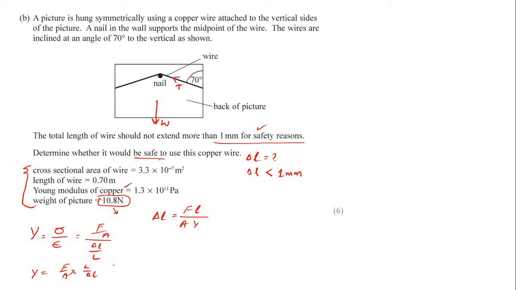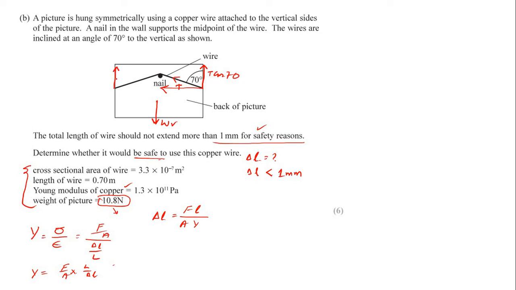But we have an angle of 70 degrees, so we have two components of the tension. One is the horizontal component, and the other is the vertical component. Of course, the vertical component will be balanced by the weight, and this vertical component is adjacent to the 70 degree angle. That means this is T cos 70, the vertical component of this end. We have a similar vertical component at the other end.